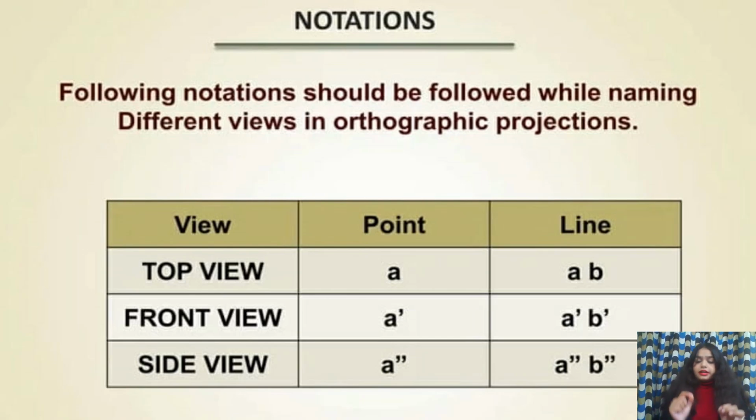If I am making the front view of a point, I will represent it by A dash. If I am making the top view of the point, I will write it as A. For the side view I am going to write it as A double dash. This is the representation. That means if I am making the projection of point, that is our main topic, in which we are making.